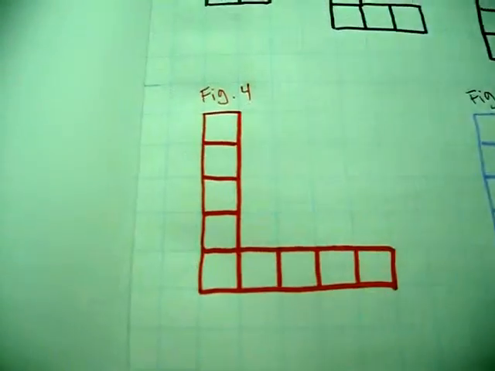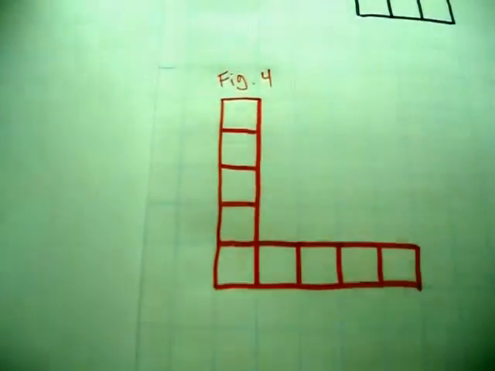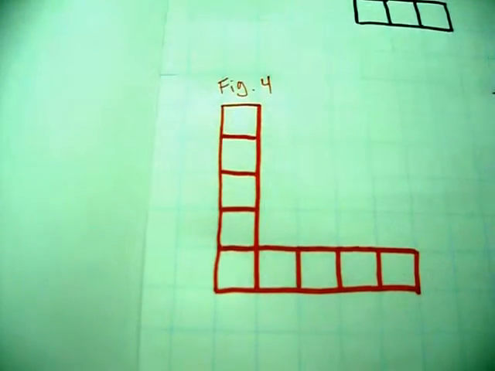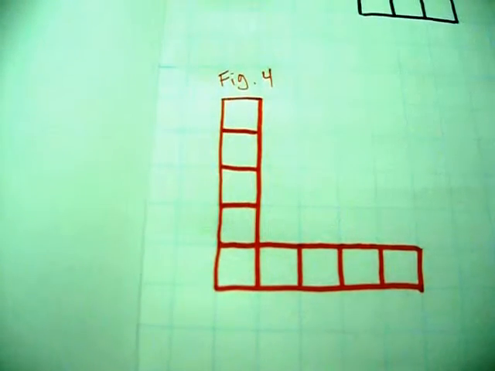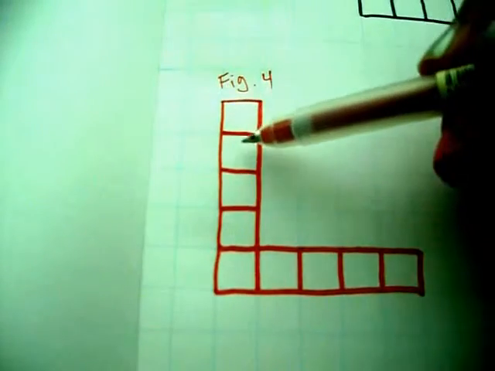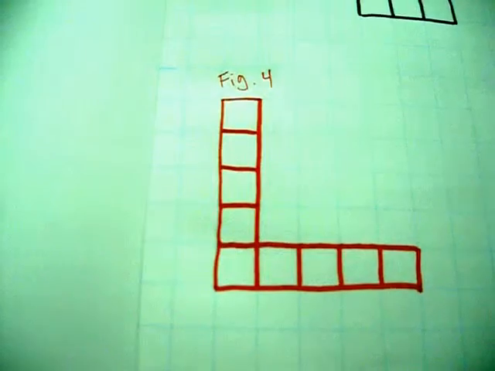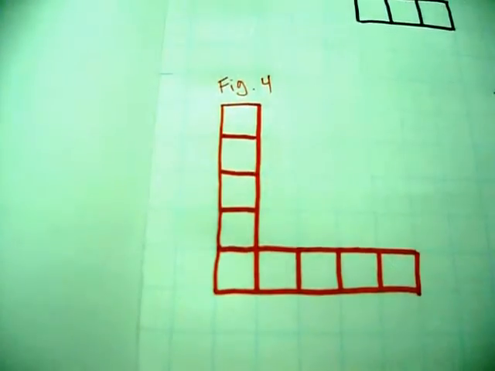The one that we drew, figure number 4, how many tiles does it have? Go ahead and count it yourself for now as I get my pen ready here. Did you get 9? 1, 2, 3, 4, 5, 6, 7, 8, 9. Me too. 9 for figure 4. And figure 5.